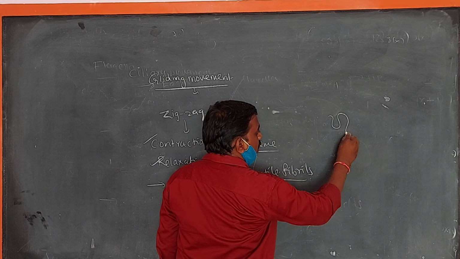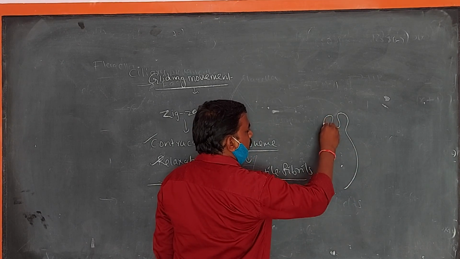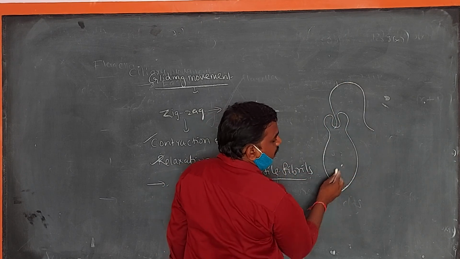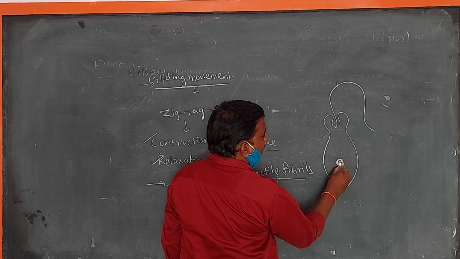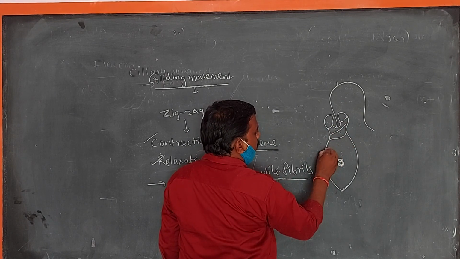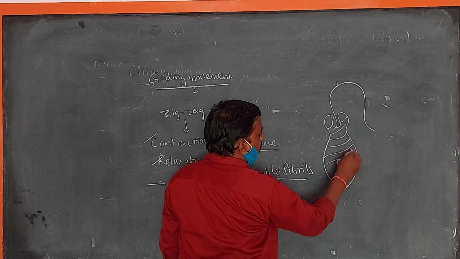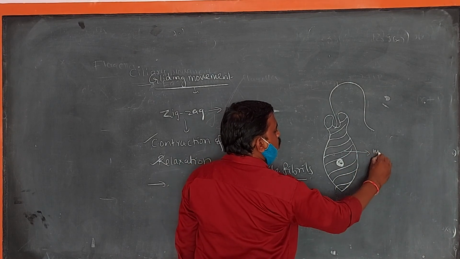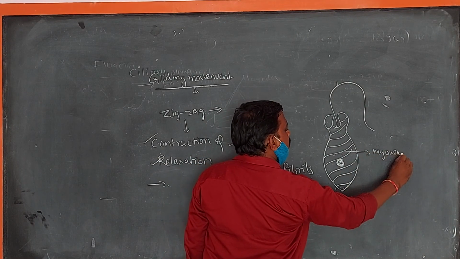It is the Euglena structure. These are the long flagellum, nucleus. Below the pellicle, contractile fibrils are present. These contractile fibrils are also called myonemes.